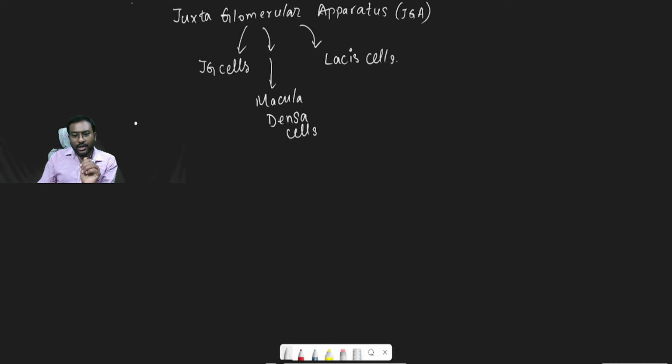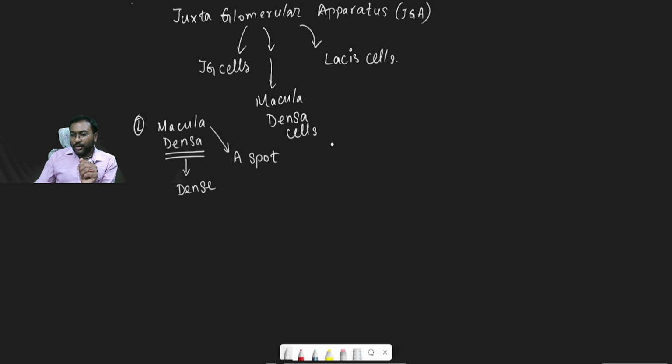So first one, that is the macula densa. Okay, so what do you mean by the macula? So macula means a spot. Okay, macula means a spot and densa means dense. Okay, understand?